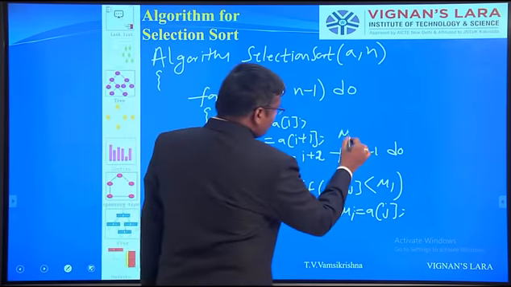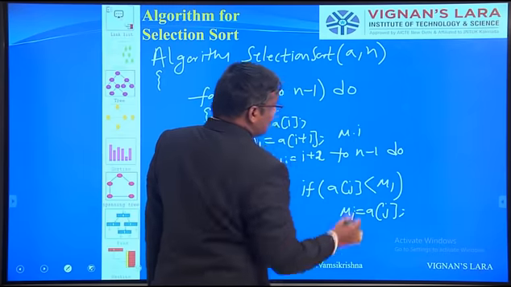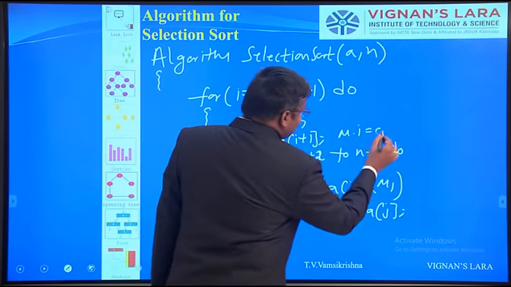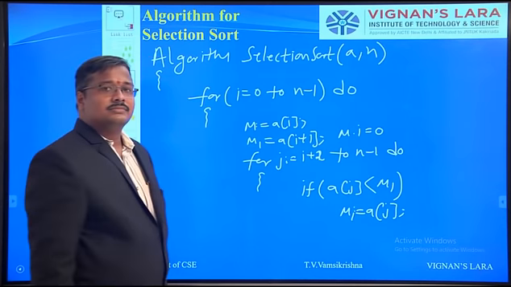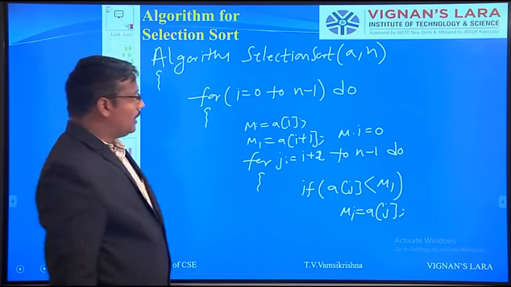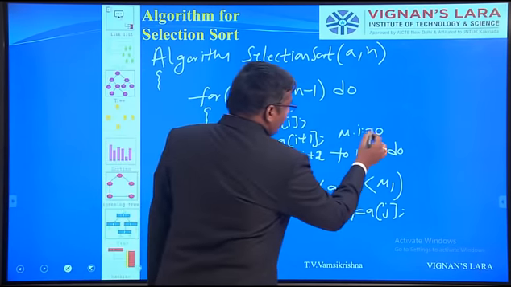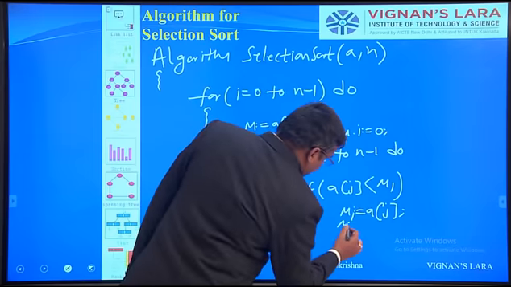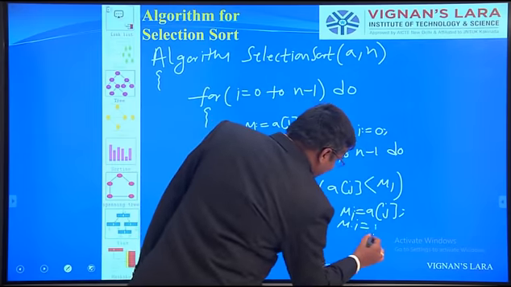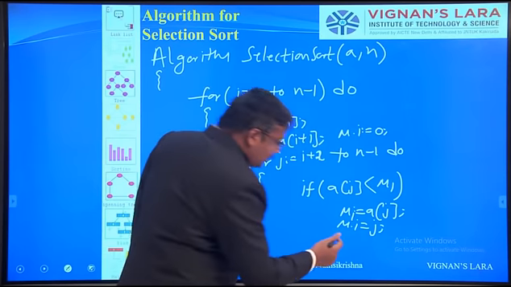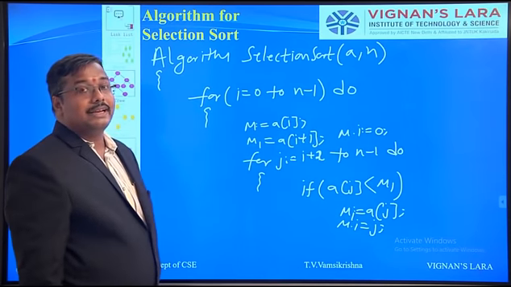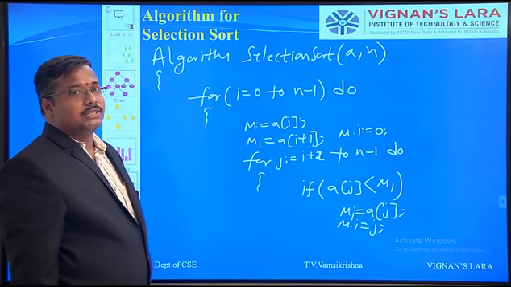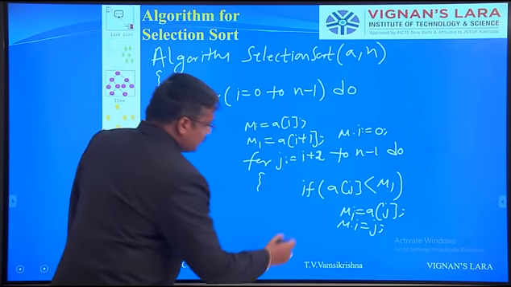That's why I have taken Mi as initially 0. So at this time the minimum index is equal to j. So Mi stores the minimum index value.